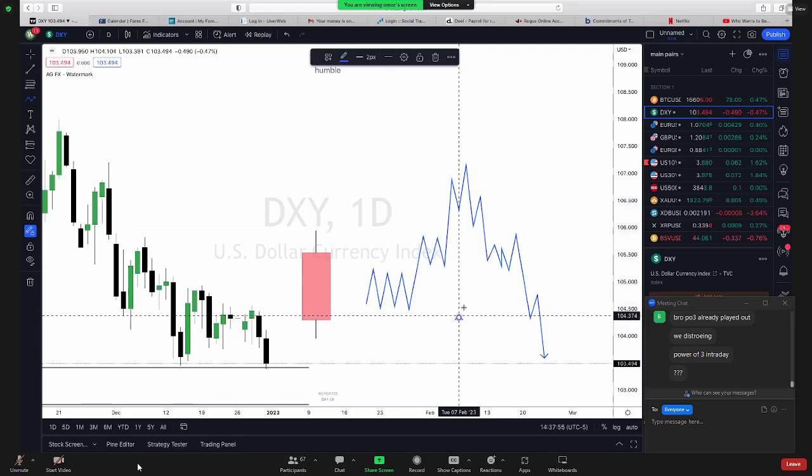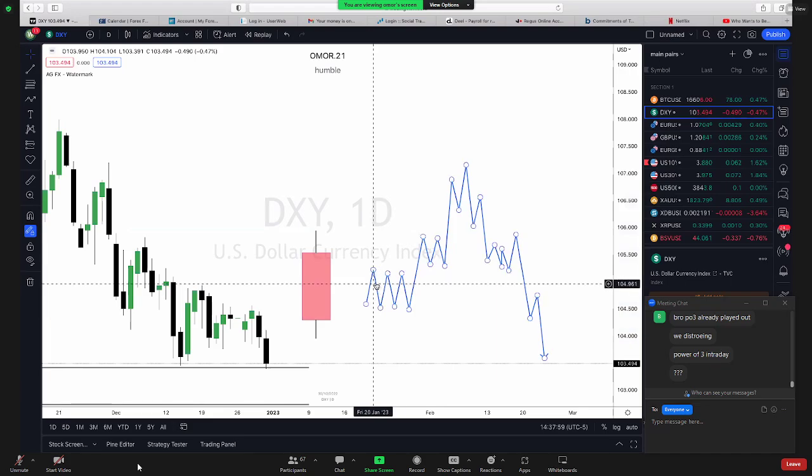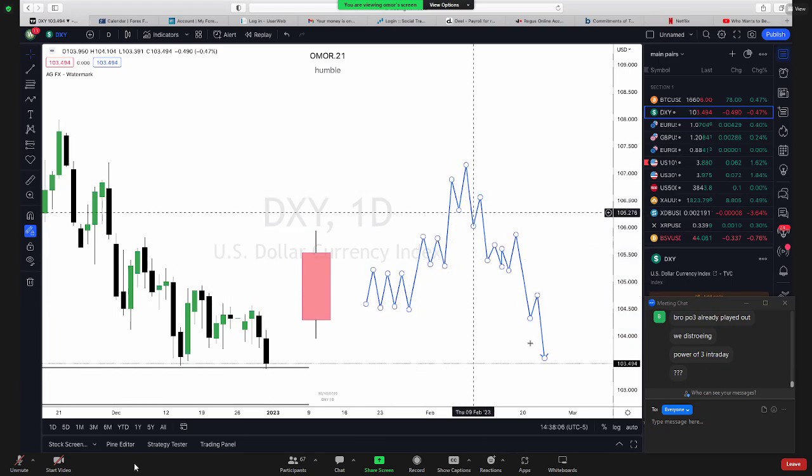Head and shoulders? This is a market maker sell model, right? This is a market maker sell model. And what's this? Accumulation. Consolidation. Initial consolidation, buy side of the curve, sell side of the curve.